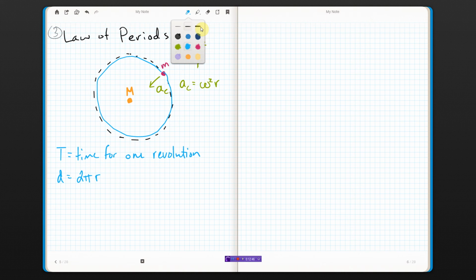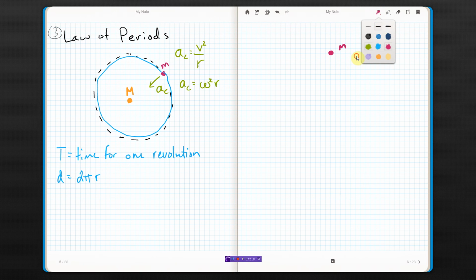Now, if you were to draw a free body diagram of this little planet mass here, I'm going to try and draw it the same as it looks over here. There's only one force acting on it: the force of gravity. So if I do Newton's second law, F net equals ma.